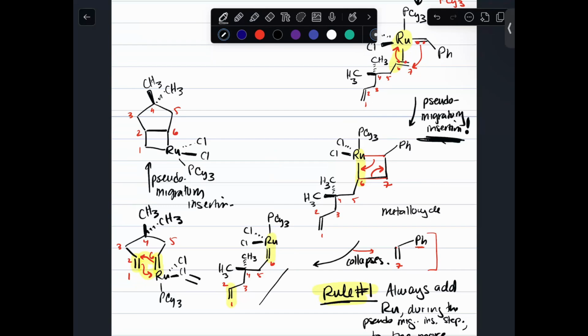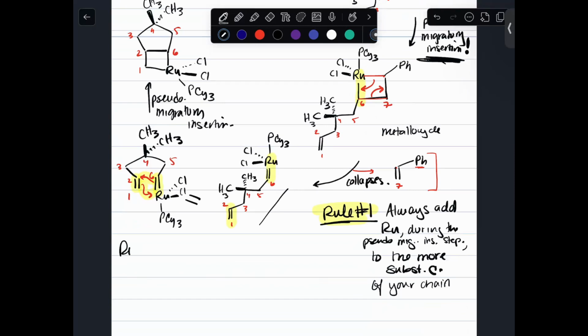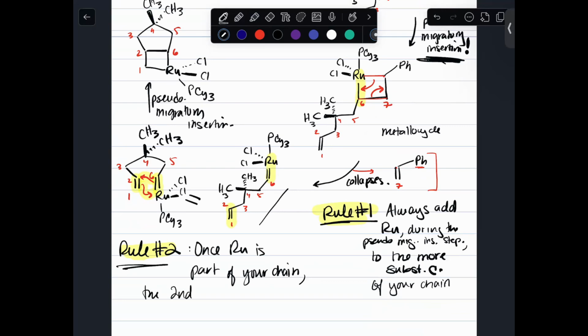This is rule number 2. Rule number 2 says once ruthenium is part of your chain, the second 4-membered ring metallocycle, because it's also a metallocycle, right?